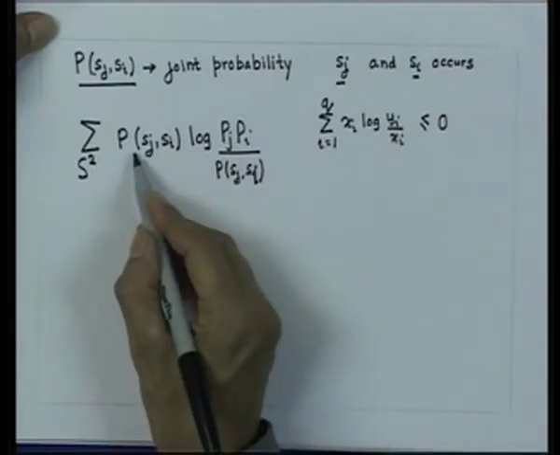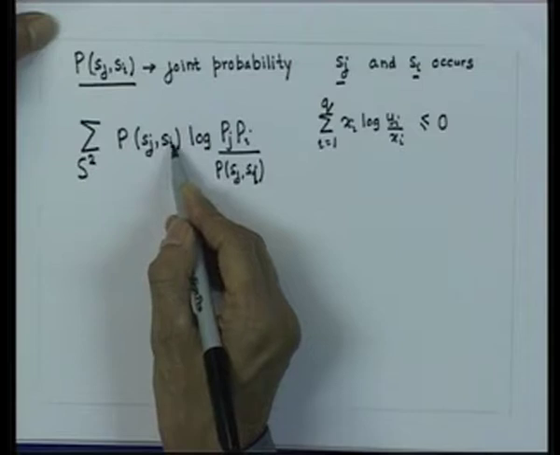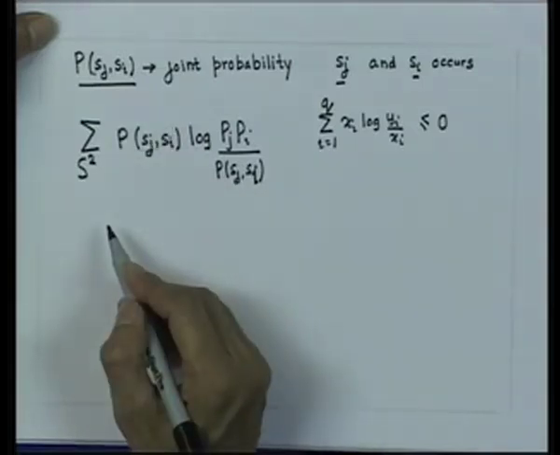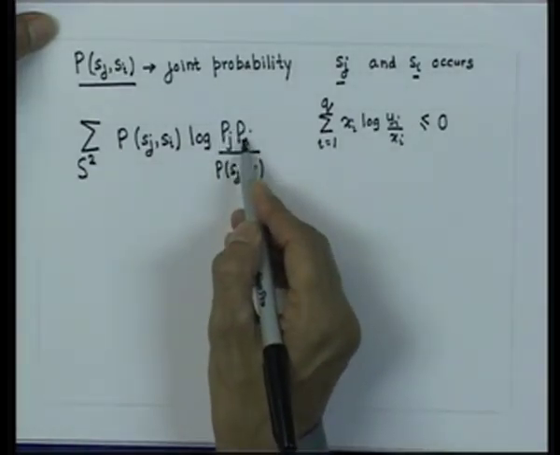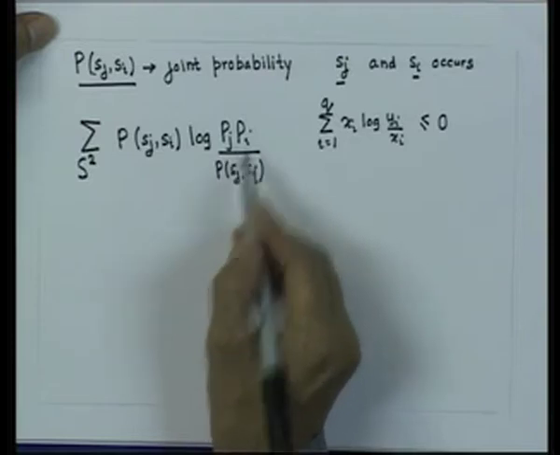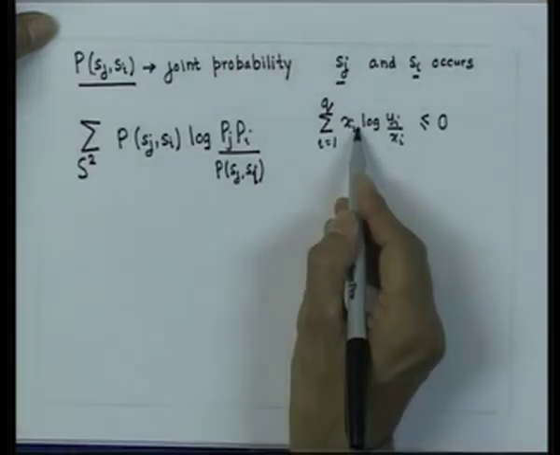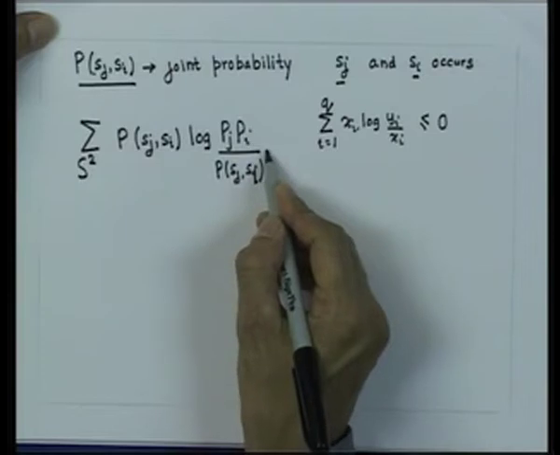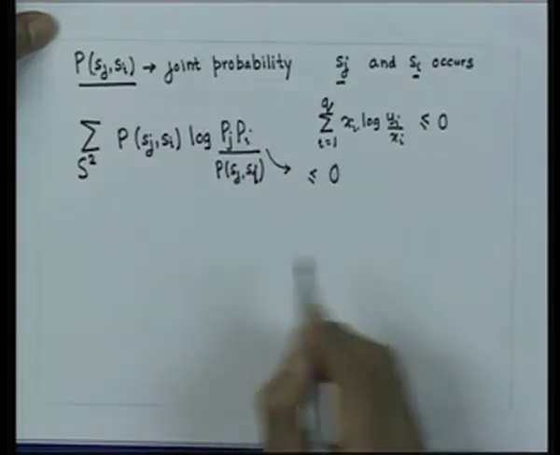Now, similarly here, these joint probabilities P(Sj Si), if I sum them over j and i, the value is 1. Similarly, Pj multiplied by Pi, if I sum it over j and i, is always equal to 1. What it means from this relationship is that this quantity here is always less than or equal to 0.